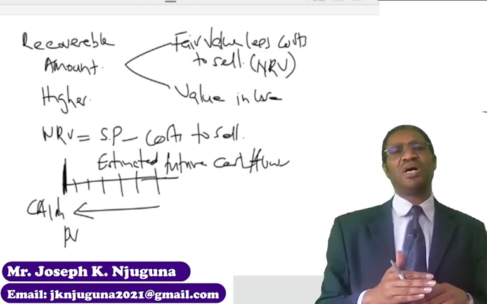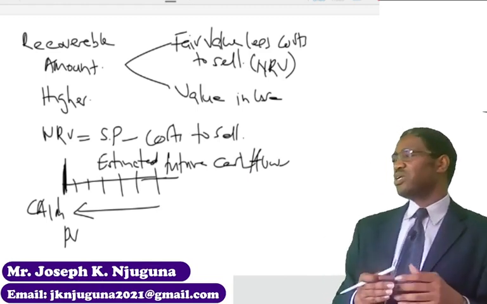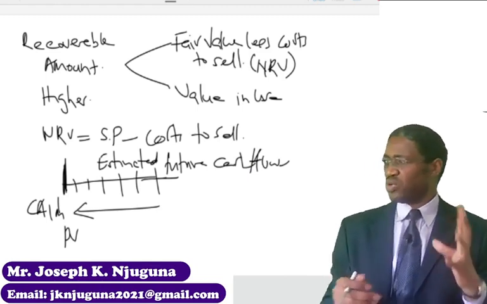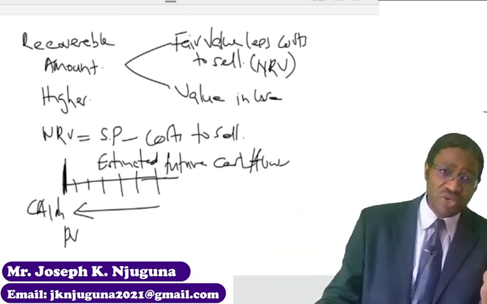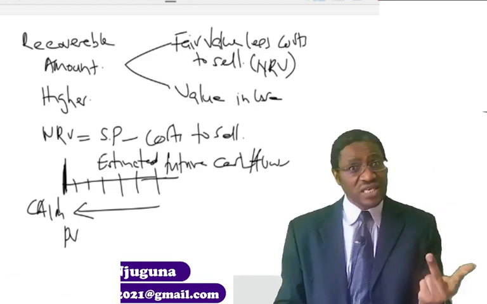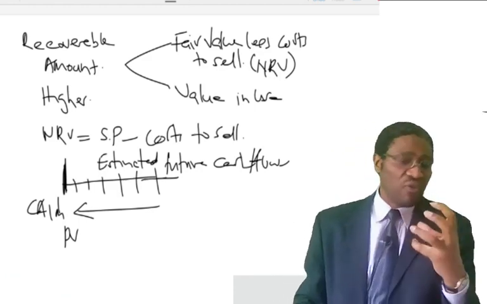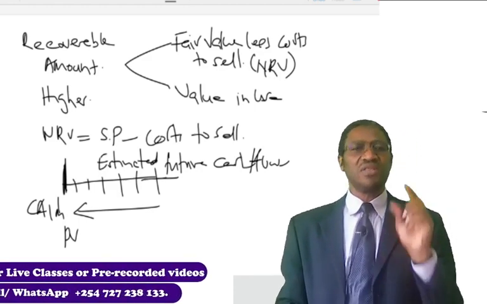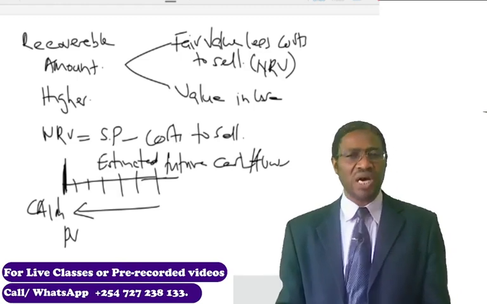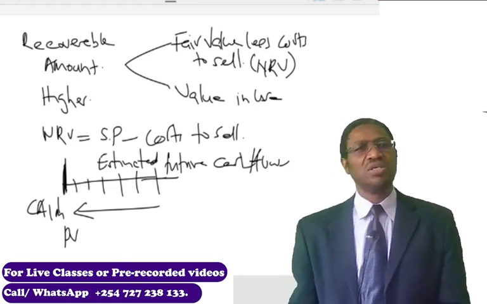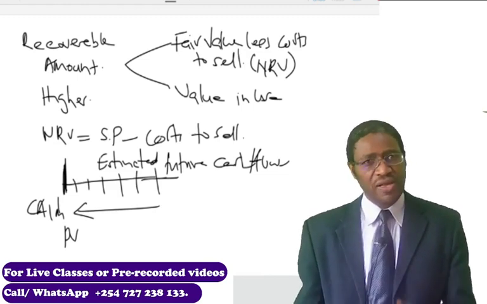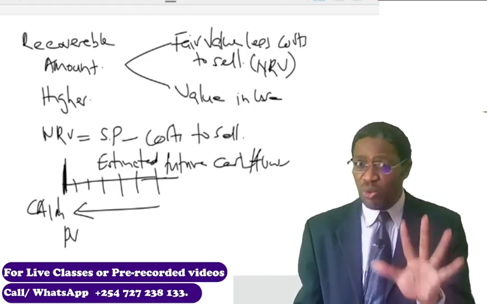Once you do that, you have the value in use and the net realizable value. Whichever of the two is higher, that's what you now pick to become the recoverable amount. Okay? So far, I hope we are all together.